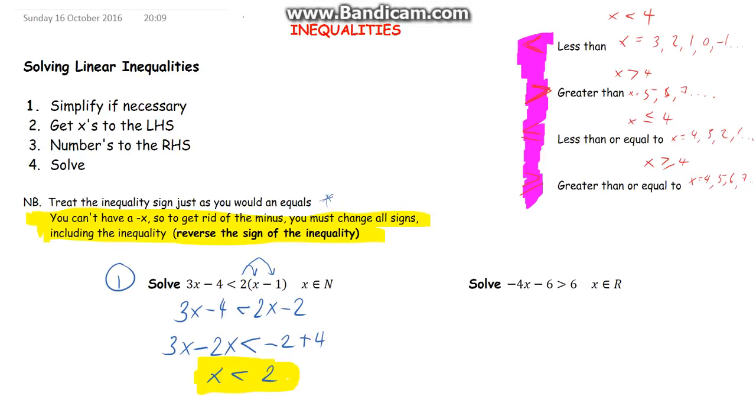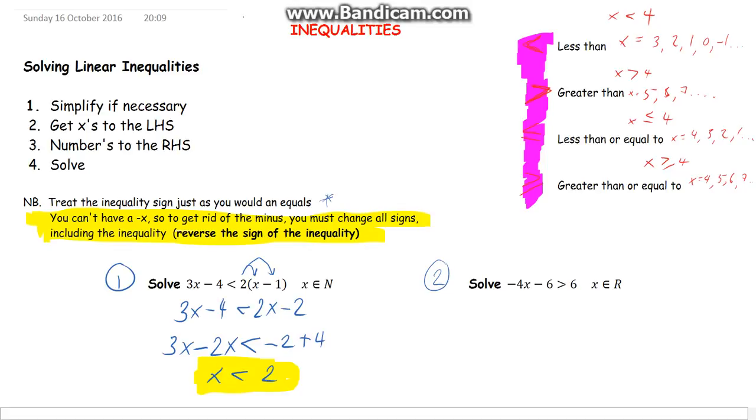In the next tutorial, I'll be showing you how you graph these, because when you're given an inequality in your exam papers, you are asked to graph it on the number line as well. So just look at example 2 over here. Solve minus 4x minus 6 is greater than 6, when x is an element of the real numbers. First thing, can we simplify? Not really at the minute.